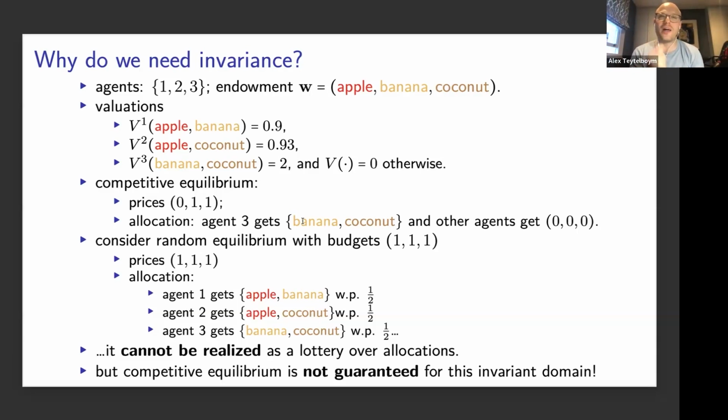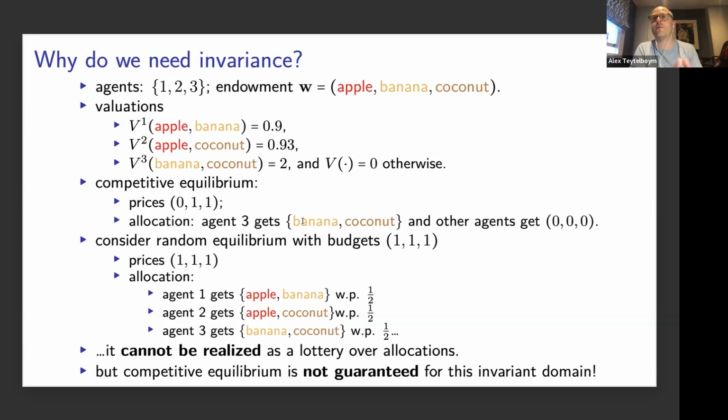The reason is that what I did is that I picked a very special valuation profile under which a competitive equilibrium exists. But as Ravi showed you, for these kinds of preferences, a competitive equilibrium does not exist in general.